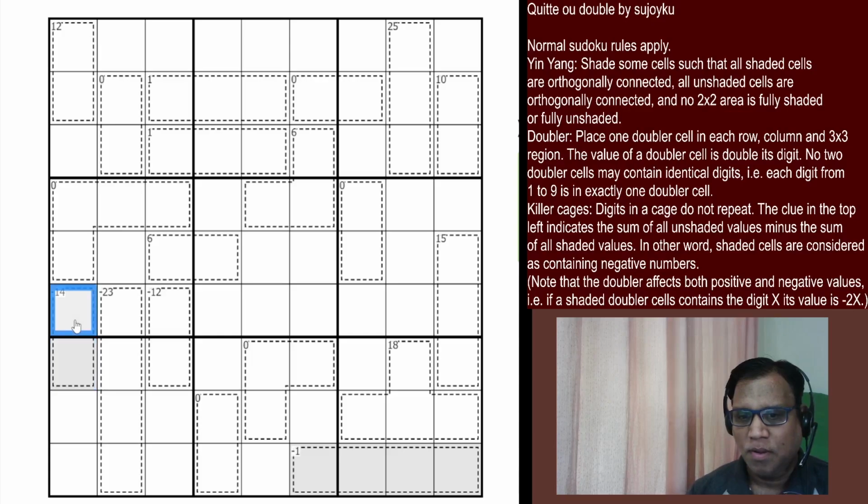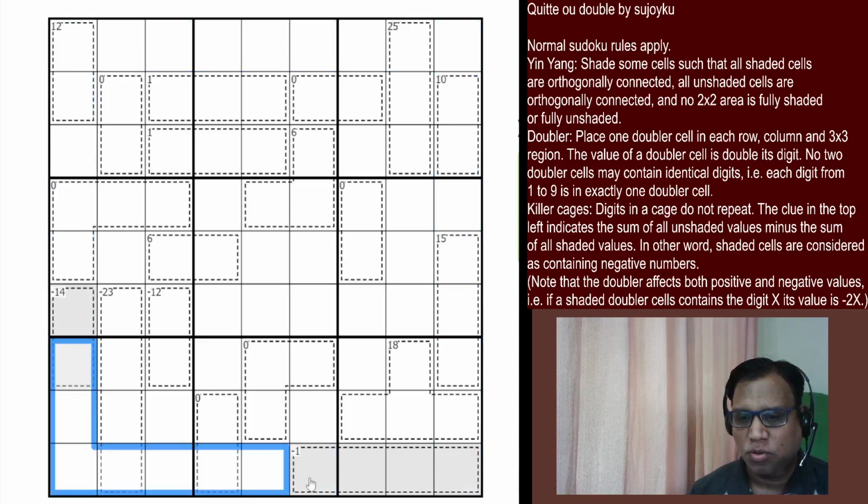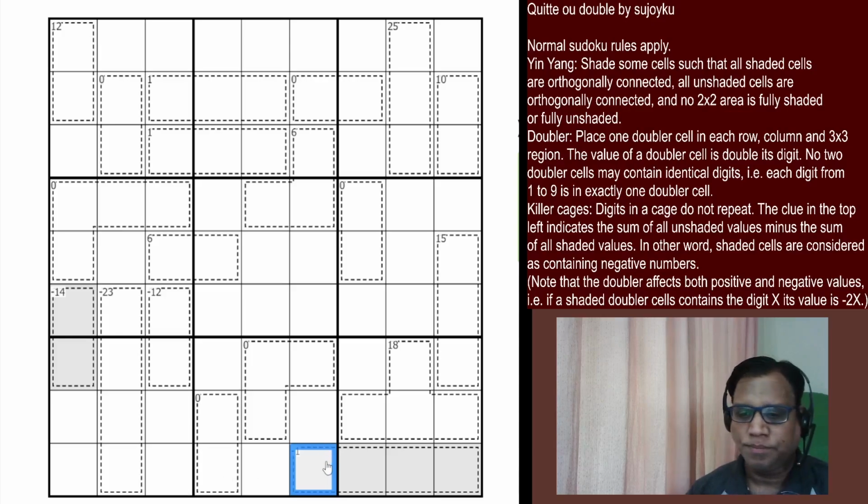So if, for example, that is shaded, then maybe everything of this could be shaded. Or if these two are shaded, then this could be shaded, something like that. I think these both are unshaded. See, we know that in 14, either both are shaded or unshaded.